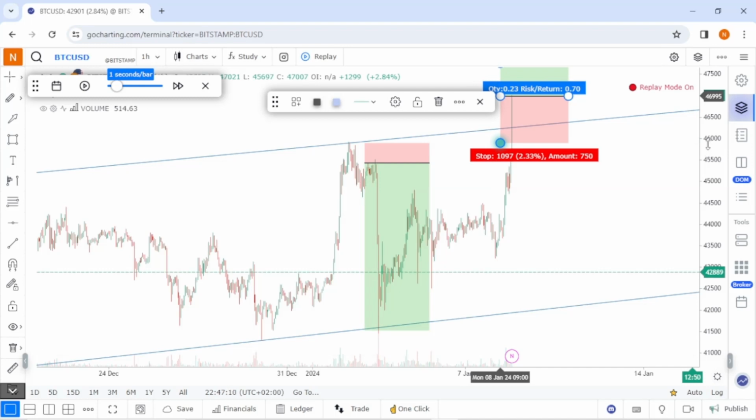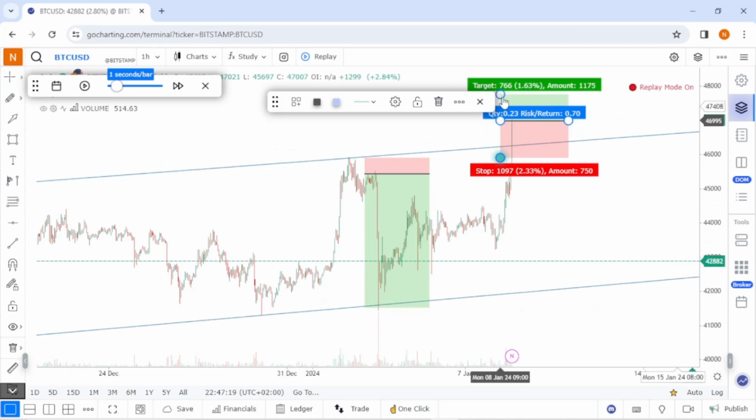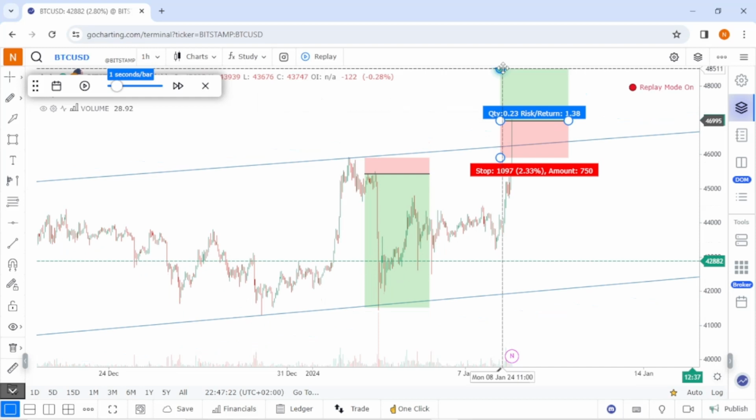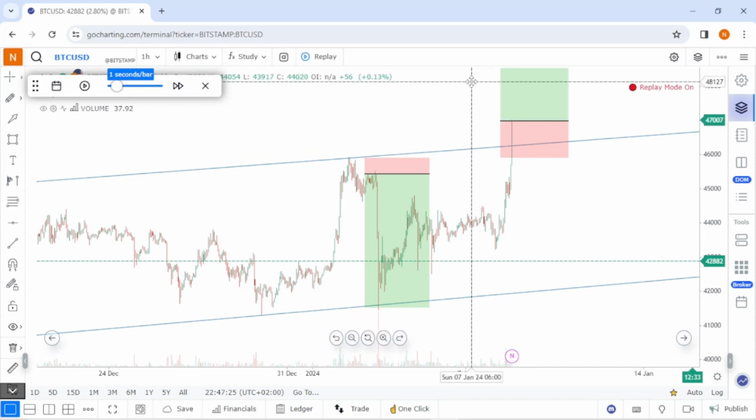Just revenge trading. My God. Okay. Let's drag this up here. So let's say this is the position that they entered for a buy. This is what would have happened. Look at how crazy this is.